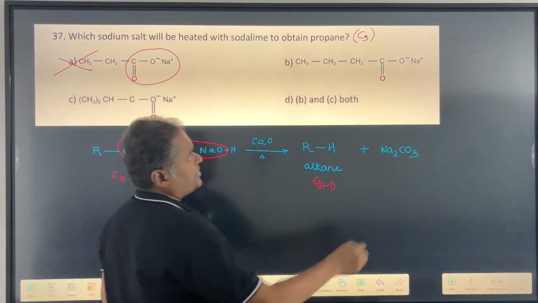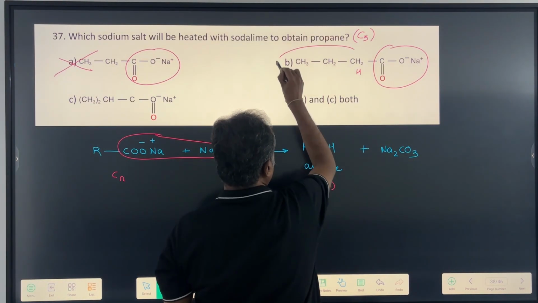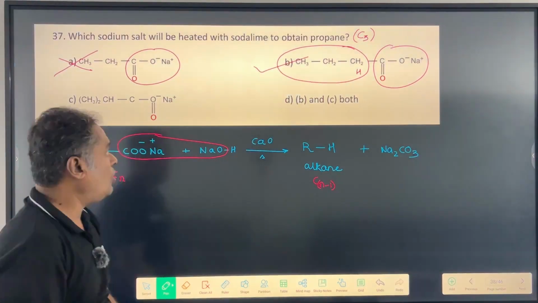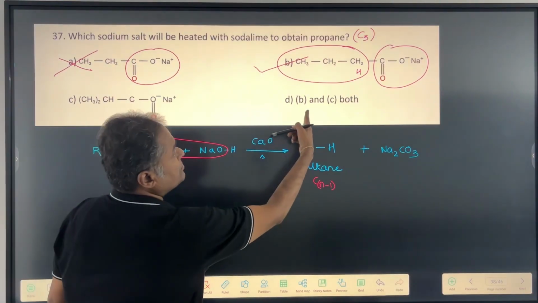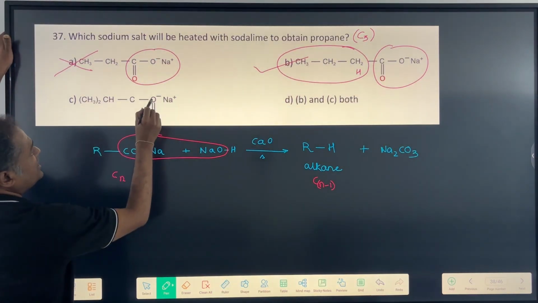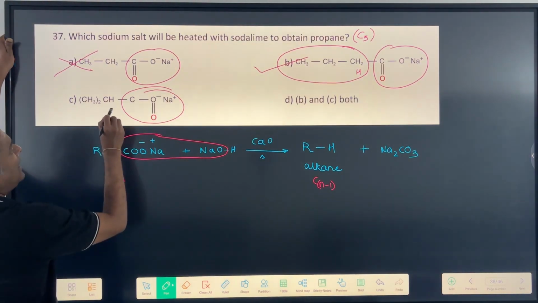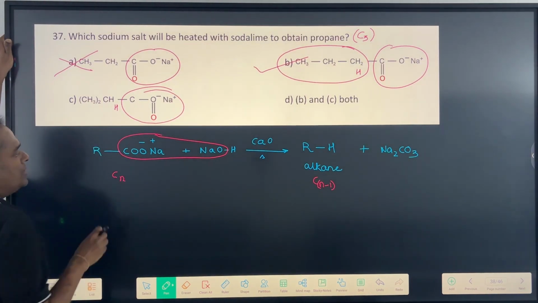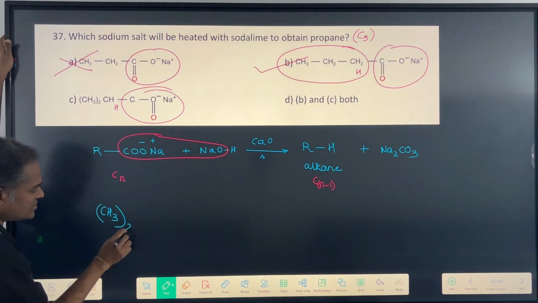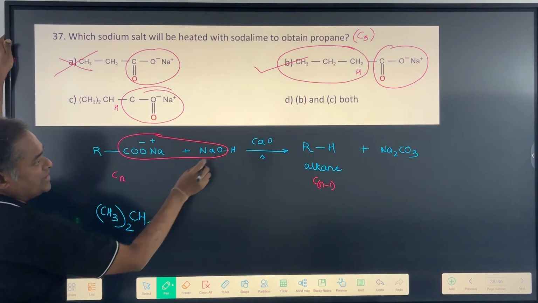Now, if you check over here, if this gets removed and you get H over here, can I have propane obtained? Yes. So, your correct answer is B. Not only this, child, there is one more. You can see the D option, both B and C, so you have to check the C option also. In this case, when this particular part is getting lost, this part will get H, and this molecule is also nothing but CH3 twice CH, and that H will get one more H from this part.